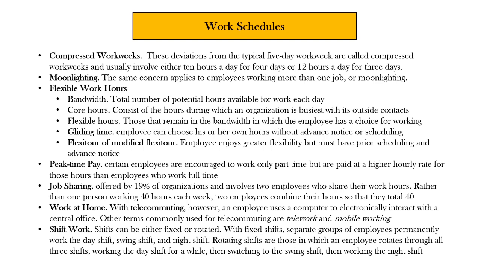Now, if you deduct the core hours from the bandwidth, then you obtain your flexible hours, because these hours would be the remaining in the bandwidth in which the employee has a choice for working. Gliding time is when an employee can choose his or her own hours without advance notice or scheduling. And we also have the flexitour or modified flexitour, wherein employees enjoy greater flexibility but must have prior scheduling and advance notice.